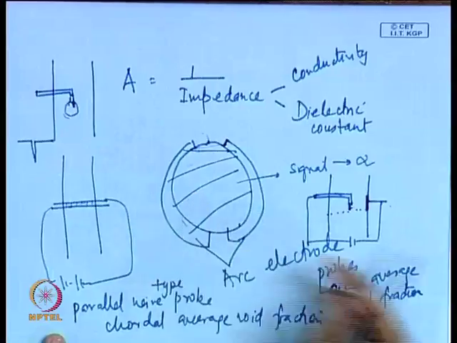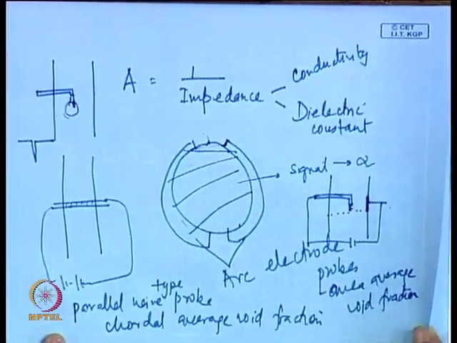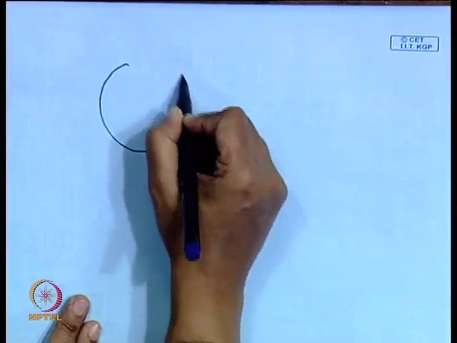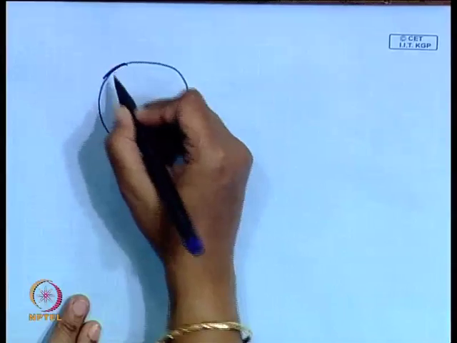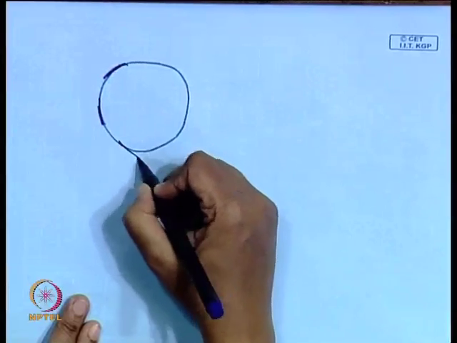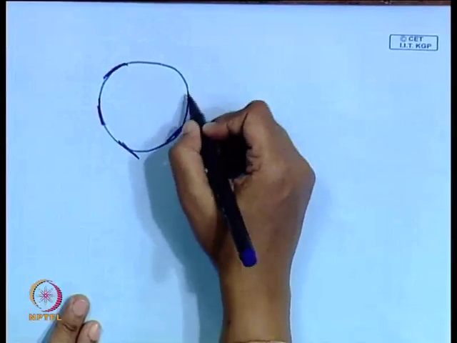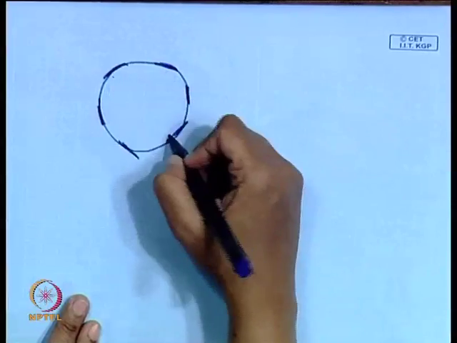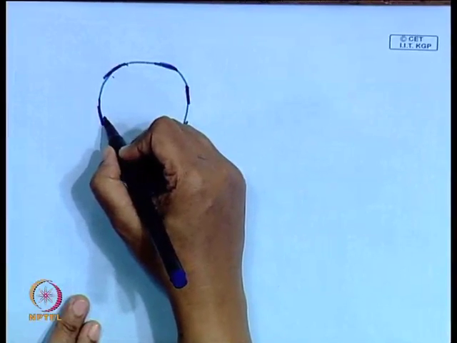Now, instead of this arc electrode probe, there is one other probe which people have used and got quite good results, very interestingly. They have put 6 electrodes along the wall, and alternate electrodes are energized simultaneously.